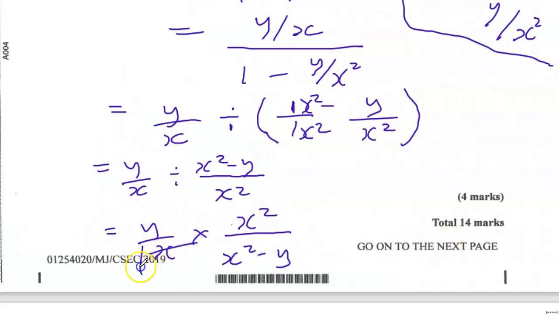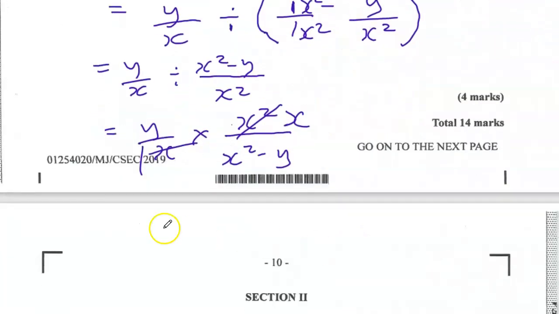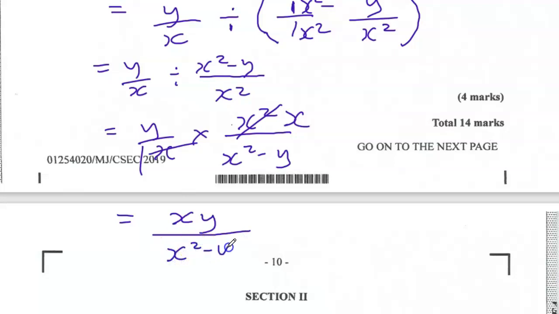So x into itself 1, x into x squared x. So what we have is xy over x squared minus y.